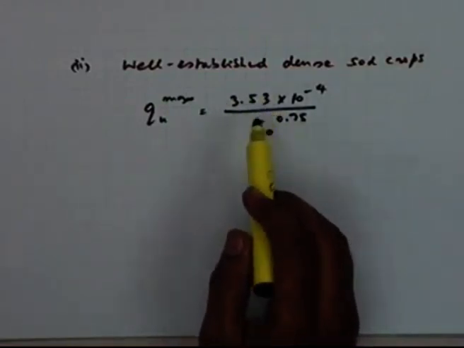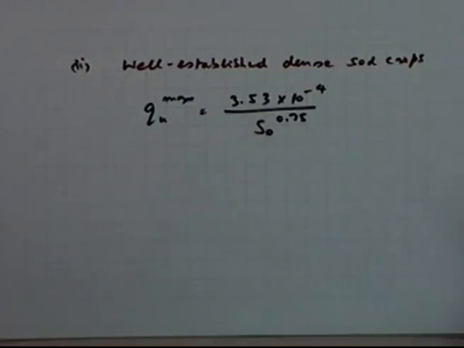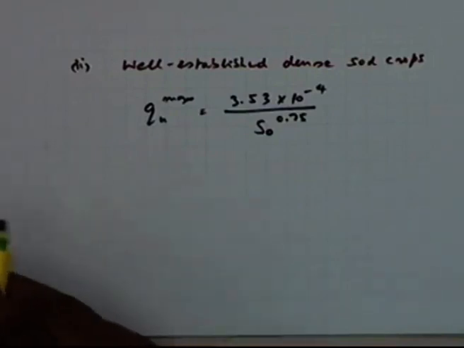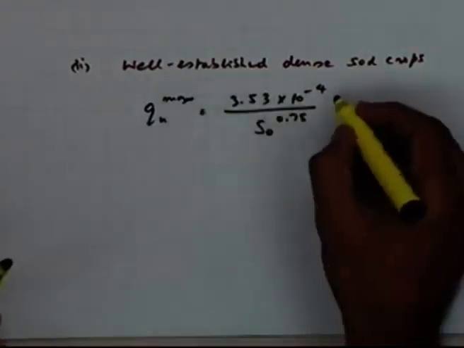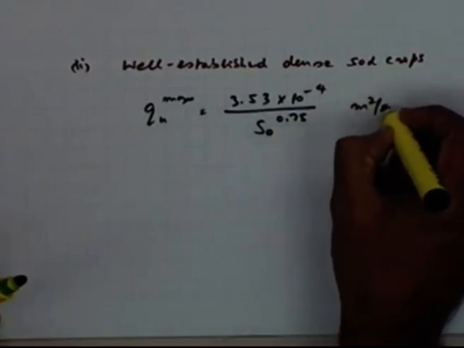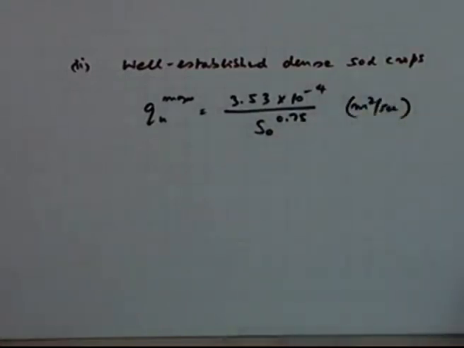Here we are using a coefficient of 3.53. And this QU you are getting as in meter square per second. Okay.